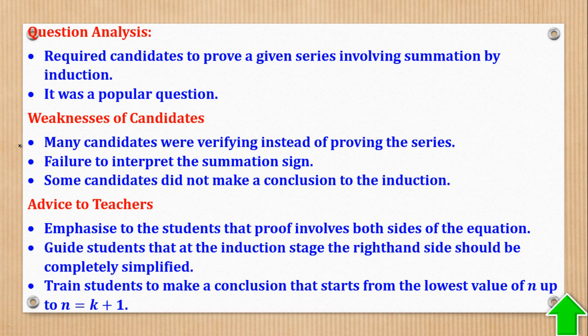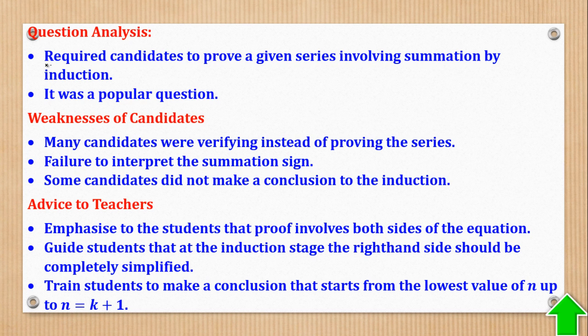And 3, what advice do we give to those who will sit UNEB the next year. So these are the 3 parts which are found in the report. Advice to teachers, what to work on so that we don't make the same mistakes. These reports are available on their website. You can download them. That's why I also get them.